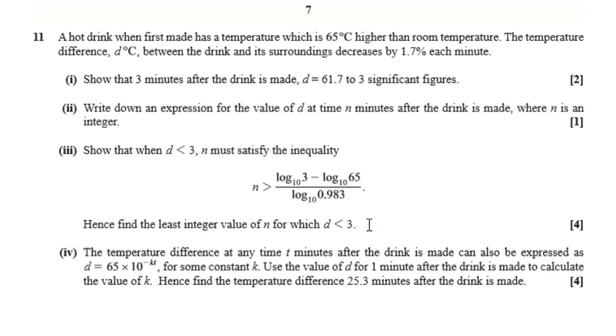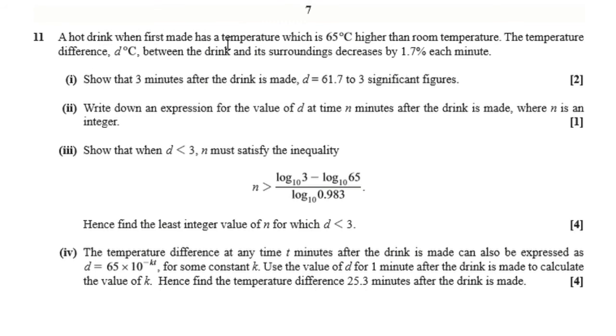And the last question of this paper is another one of these log type questions, and these are usually the bane of most students because they do not know how to do it. It's relatively simple if you understand the concept, but it is actually pretty hard.